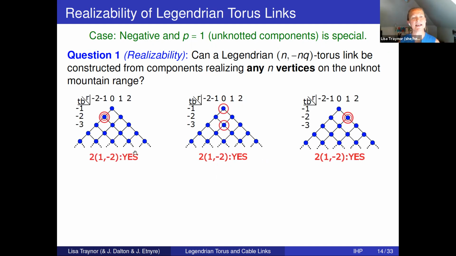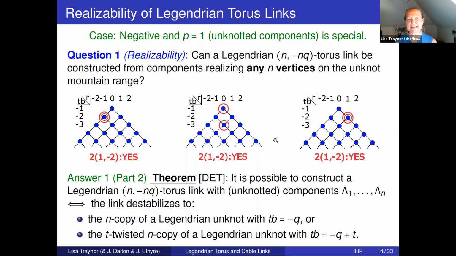But you could realize it with these pairs. You could either take what I'll call a 2 copy of a TB minus 2, so there are 2 options there. Or you could do a 1 twisted 2 copy of a TB minus 1. Then you have 1 component with TB minus 1 and 1 component with TB minus 3 with the same rotation number.